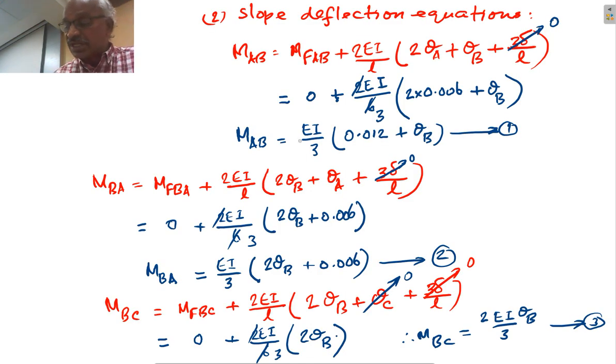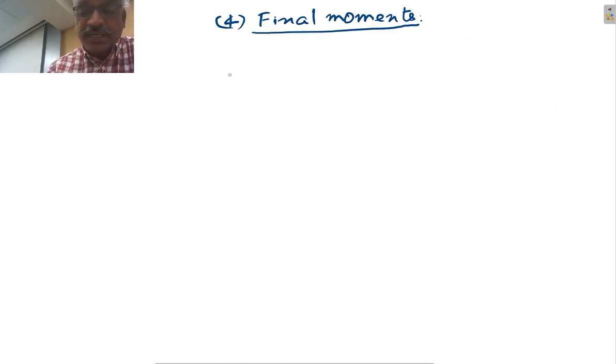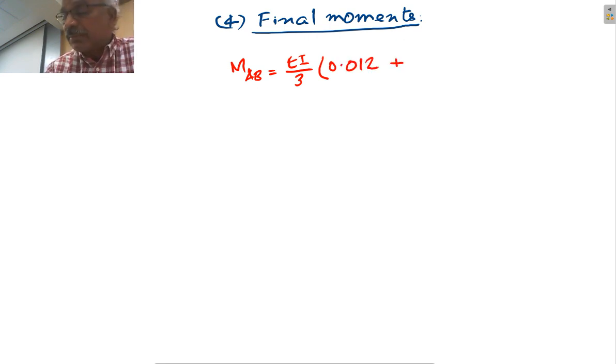Now here the first slope deflection equation is MAB equal to EI by 3 into 0.012 plus theta B. This is slope deflection equation 1.